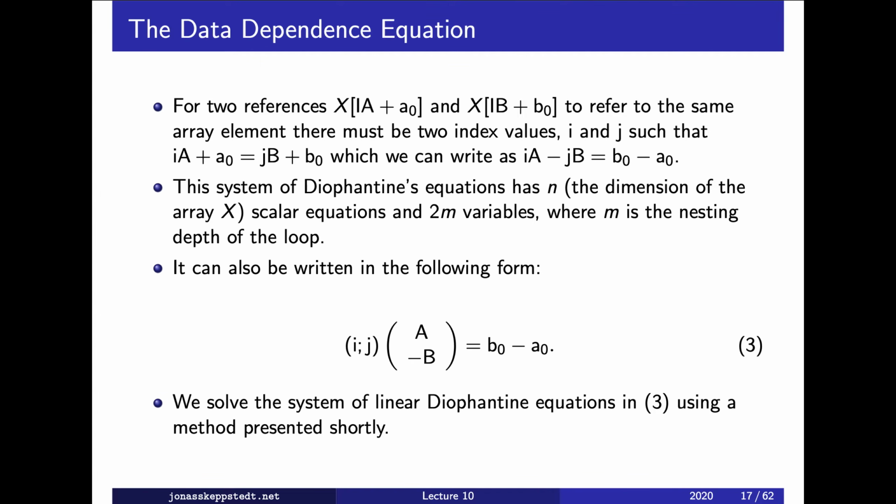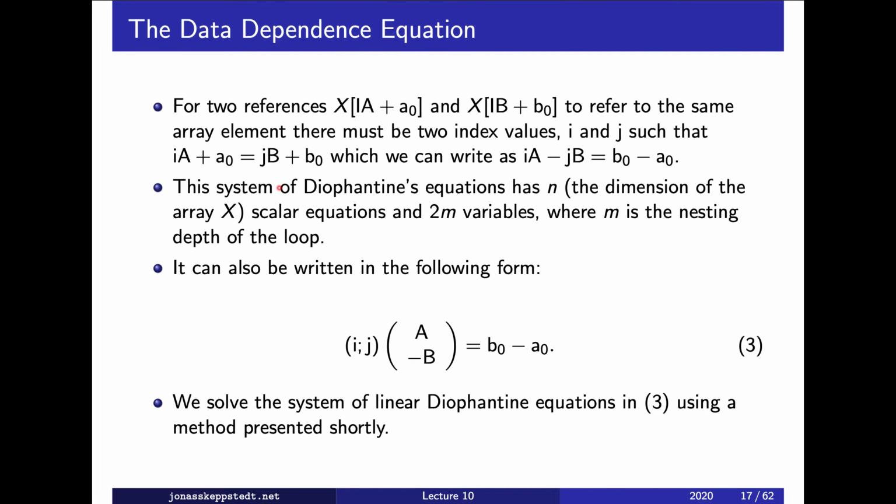If both read, then we don't care about it, I mean, it doesn't limit parallelization. But if at least one of them is a write, then we want to know if they can reference the same element. And how can we know that?